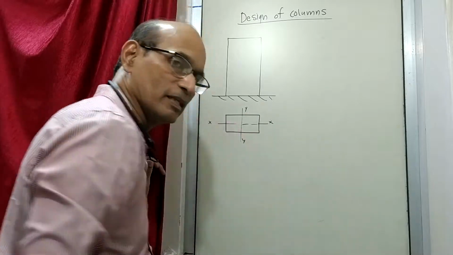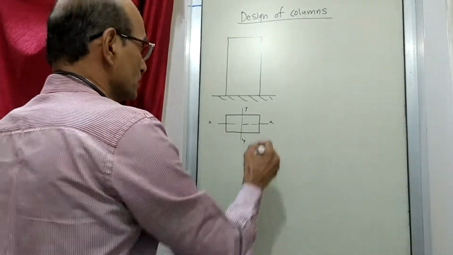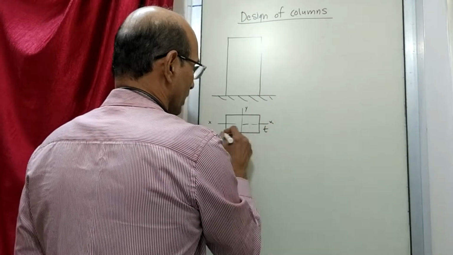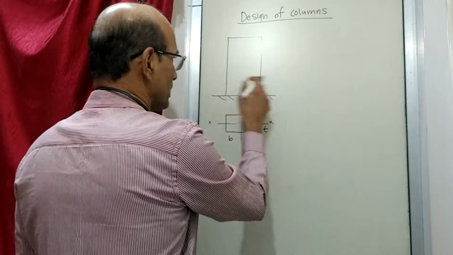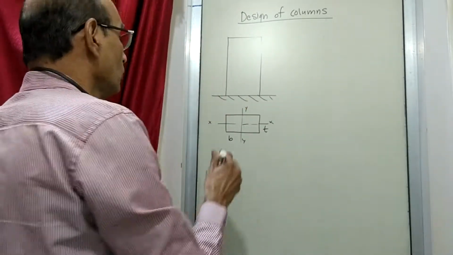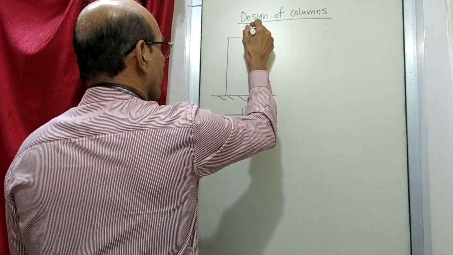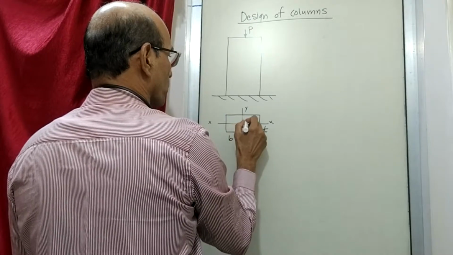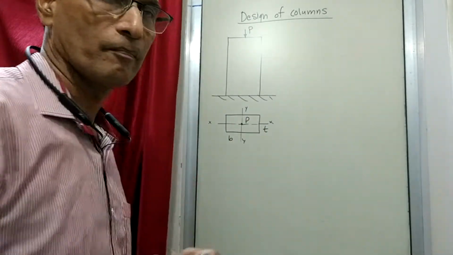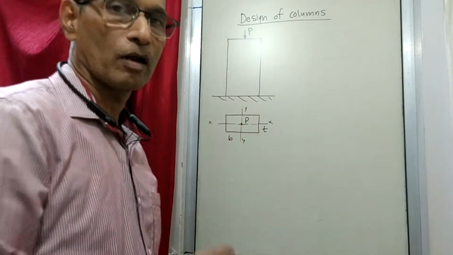So there is an x-axis, there is a y-axis, and this size is t and this size is b. So t by b is the cross section, and the load which is acting, suppose it is acting exactly here, at this point, and you are asked to design the column.